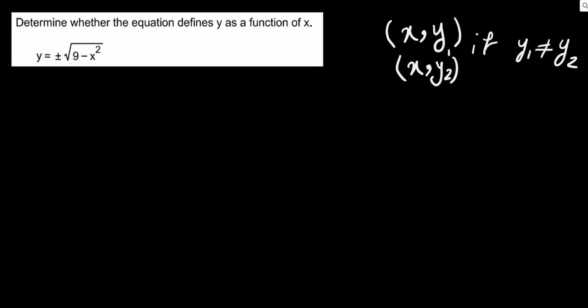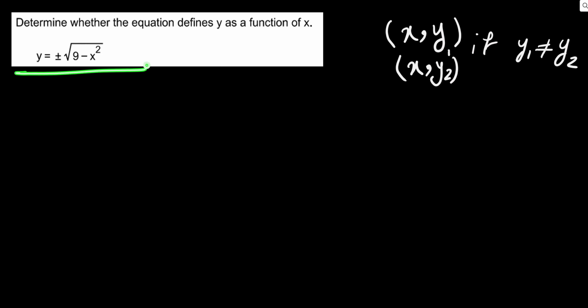It means that if we have the same input for a relation, but the same input gives us different outputs, then that relation is not a function.